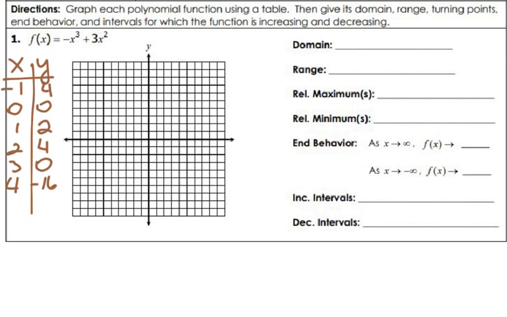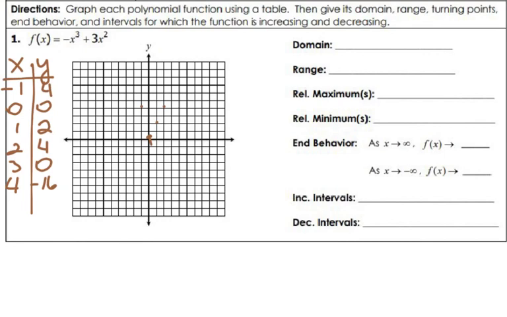So negative 1 and 4, the point is right there. 0, 0, so it goes to the origin. Okay, 1, 2, 2, 4, 3, 0, and 4, negative 16.